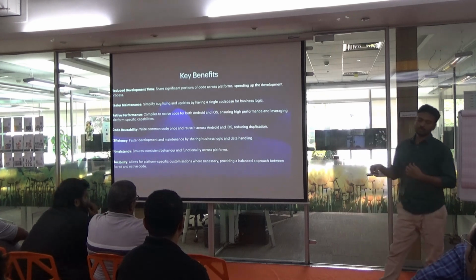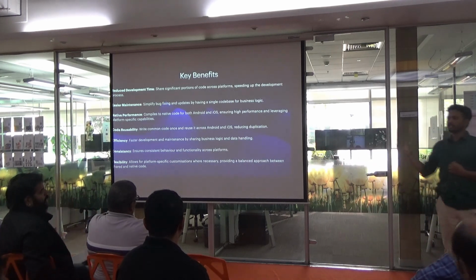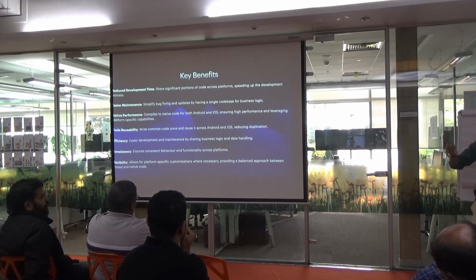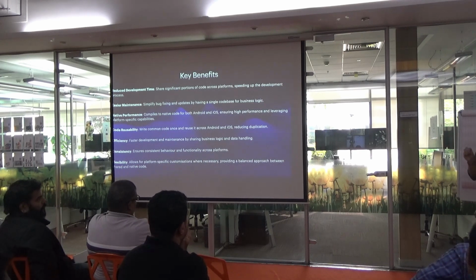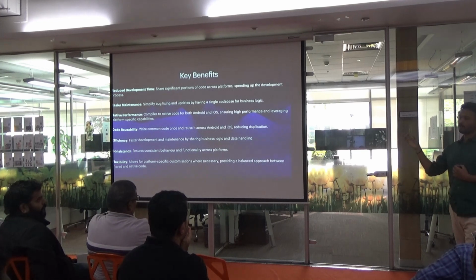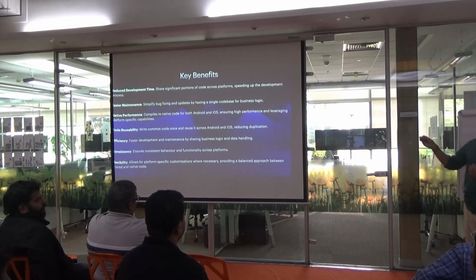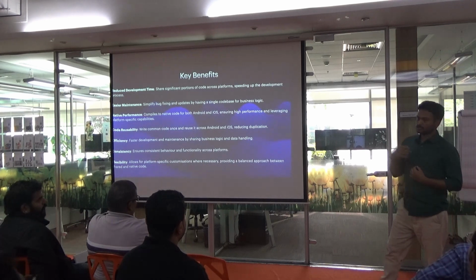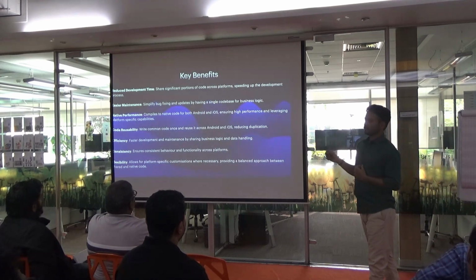Whenever you run the code, compile it, and deploy it to a particular platform, it converts that entire code base to platform-specific output. What I mean is, in Android we generate and deploy bytecode. In iOS we generate and deploy binary files. Okay, this is the advantage. And desktop is also applicable in the same way. Any questions?